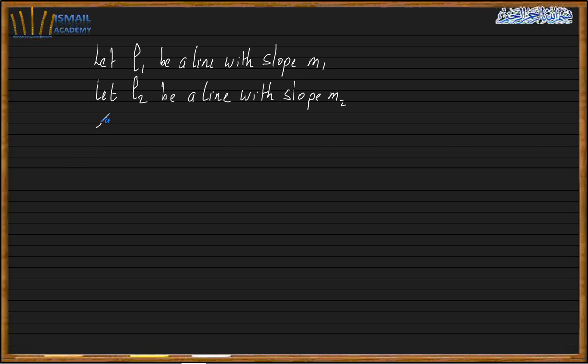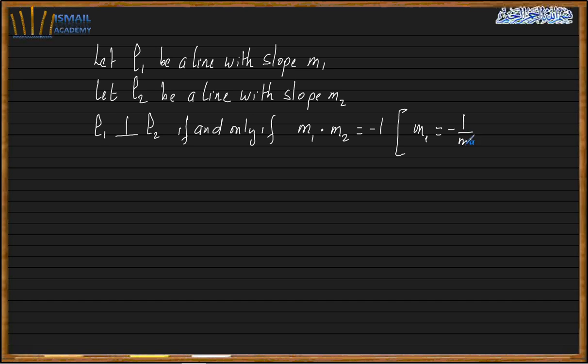We'll say that L1 is perpendicular to L2 if and only if the product of the slopes, M1 times M2, is equal to -1. In some books you can see this as one slope equals -1 over the other slope.